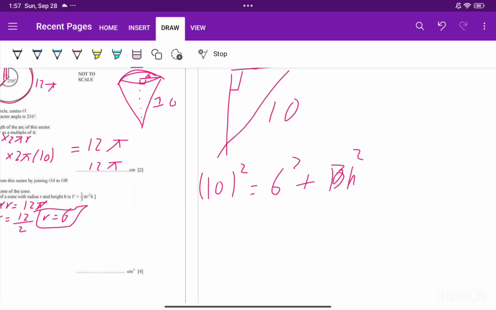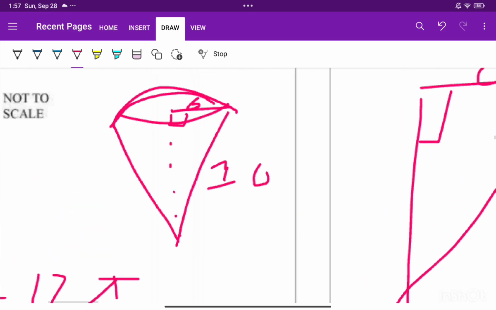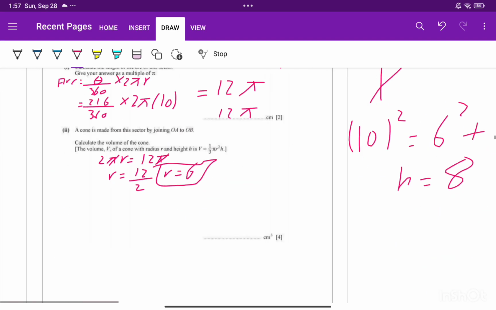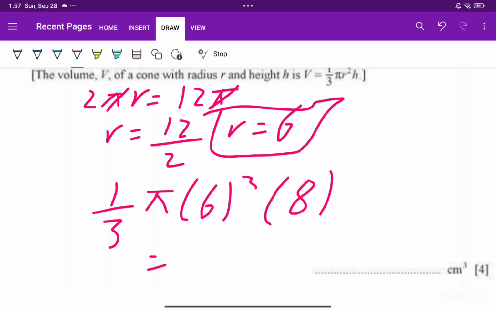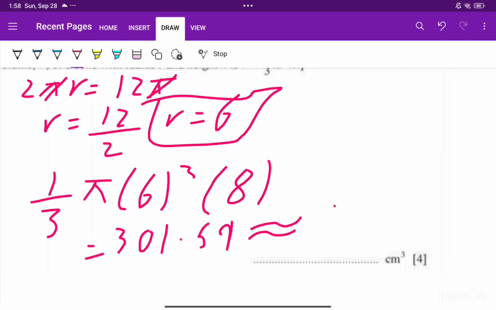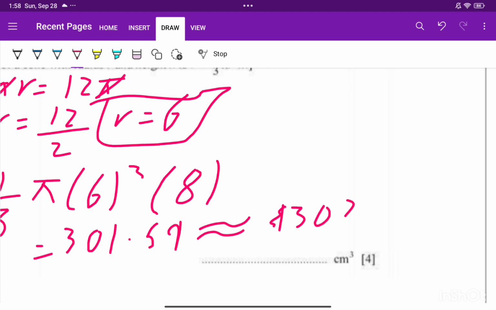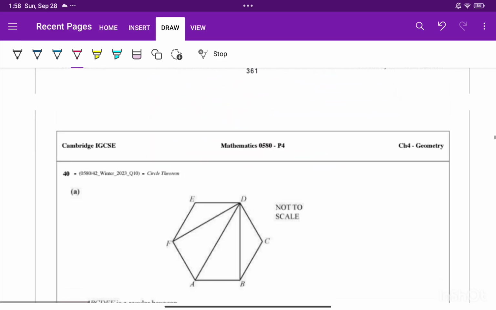Oh, I forgot to do under root, so height will be equal to 8. Now we can use volume formula. 1 upon 3 pi, and the radius was 6 square into 8. So our answer will be 301.59, which will be rounded up to 302. Our answer. Let's move to next question.